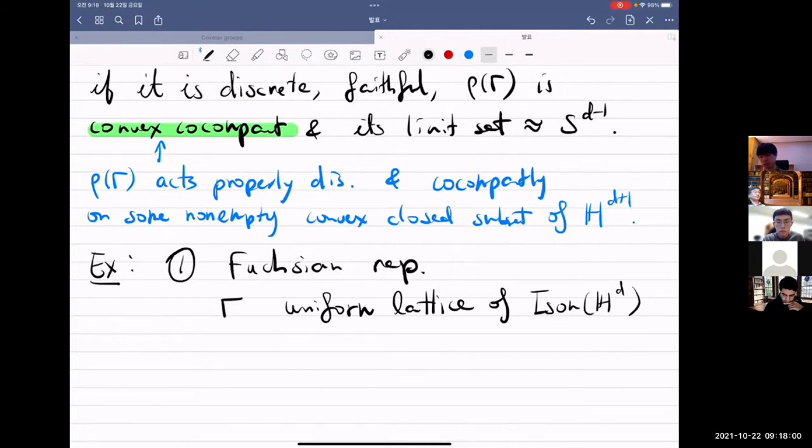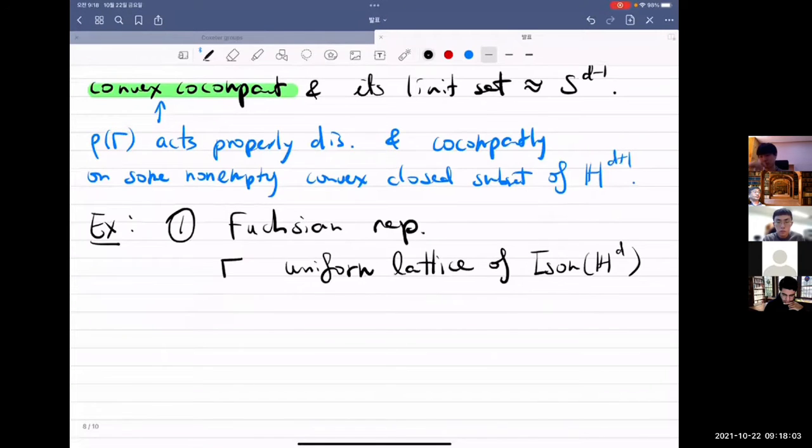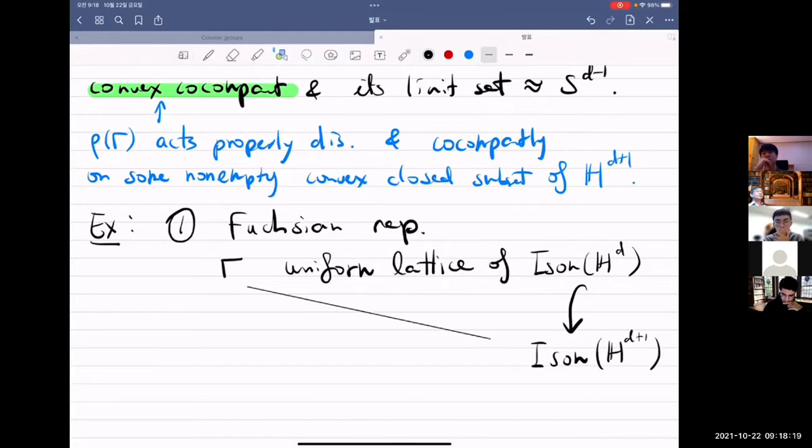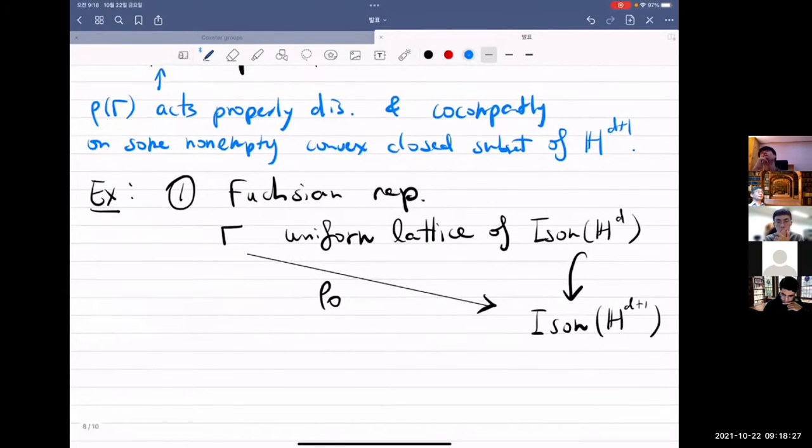I can insert it into the bigger one, the isometry group of hyperbolic d+1 space, and I take the inclusion, which I will write as rho_0, the quasi-Fuchsian representation.